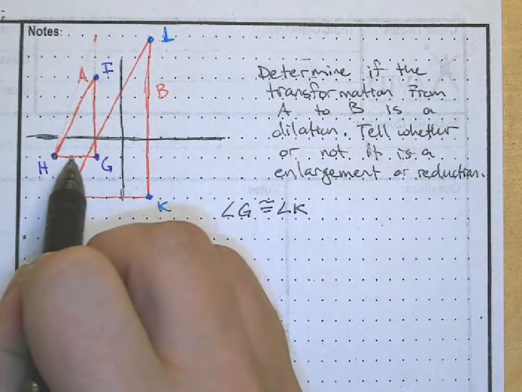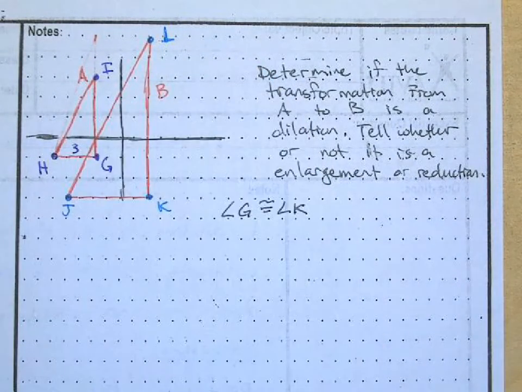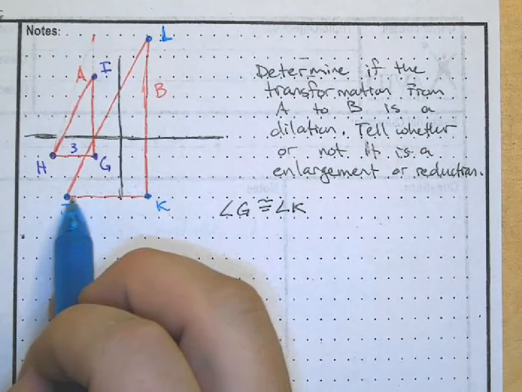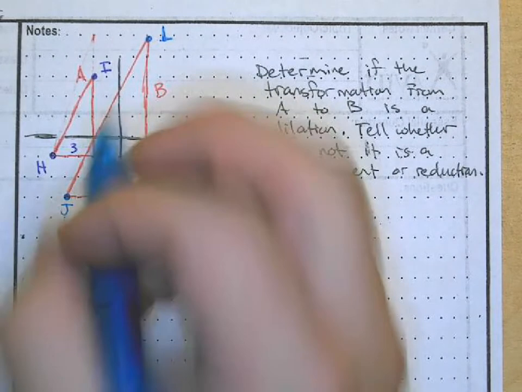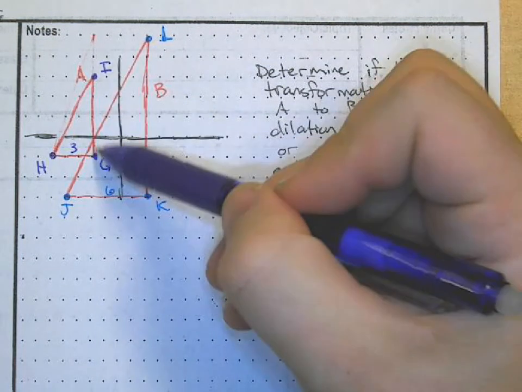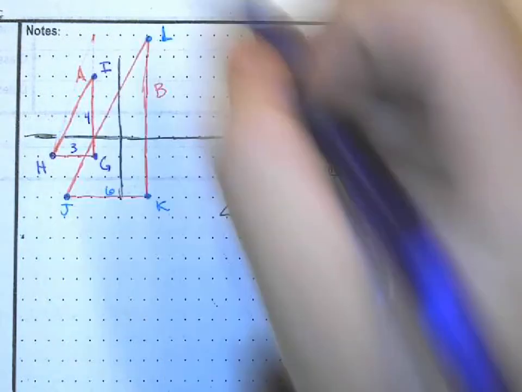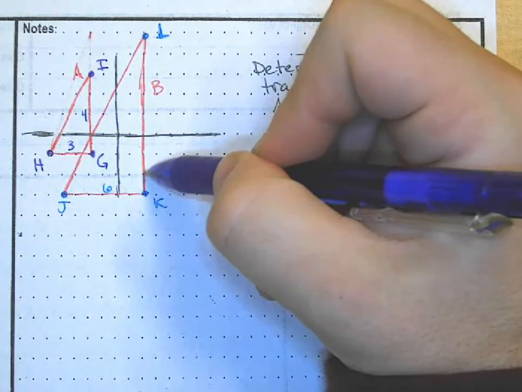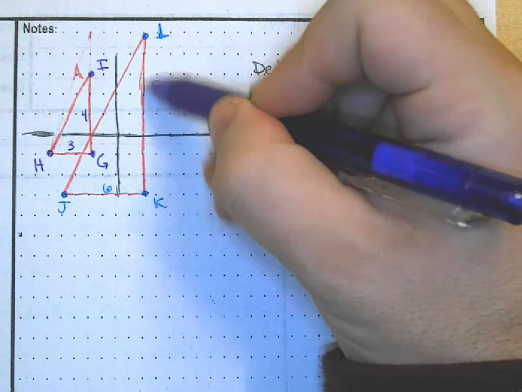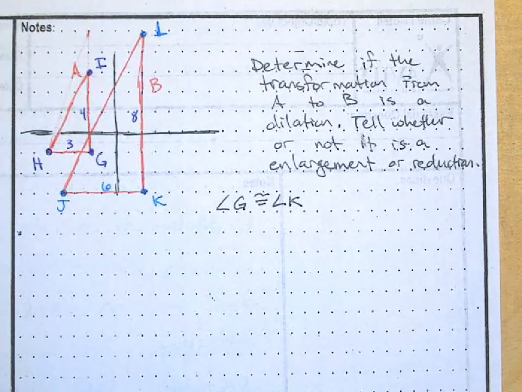So this side length HG is 1, 2, 3. And then JK is 1, 2, 3, 4, 5, 6. And then G to I would be 1, 2, 3, 4. And then K to L is 1, 2, 3, 4, 5, 6, 7, 8. So let's check on our proportions.